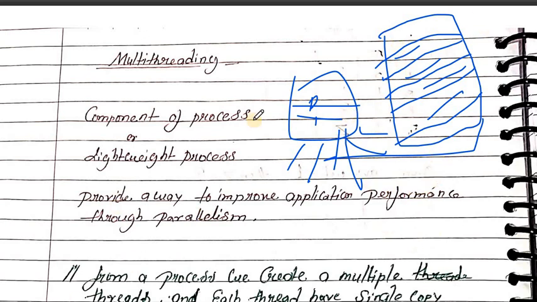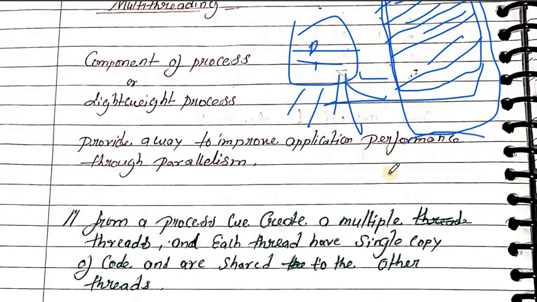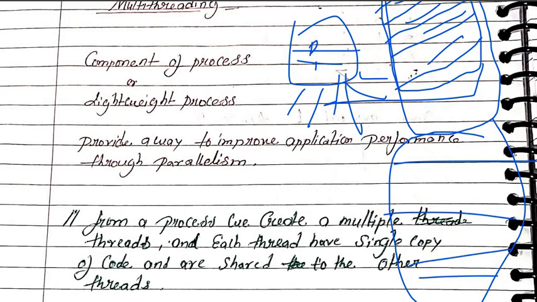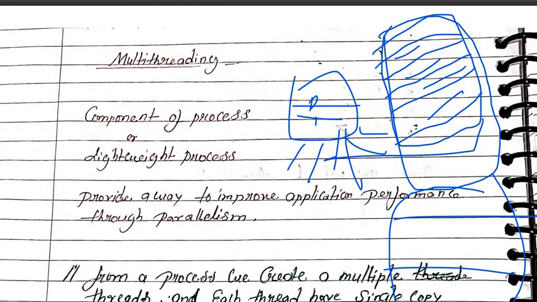In a single process there are 4 or 5 sections. In the same manner, if there is another process P2, it has the same things: code section, data section, file, heap, and stack. So the process is long.